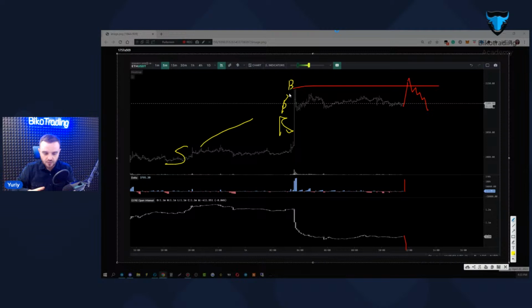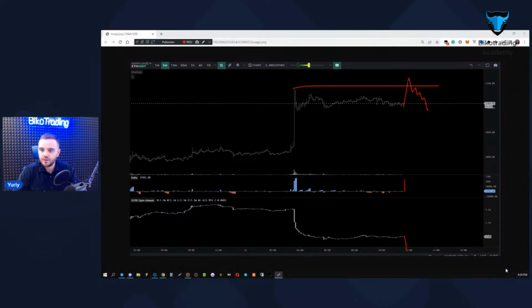Share with me if it's clear. To close your short, you must buy back. That's why all of this is super important. And quite often after something like this, price makes a massive reversal.